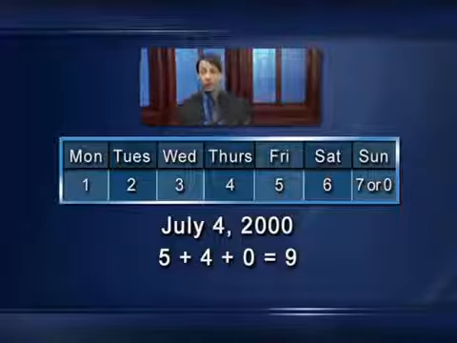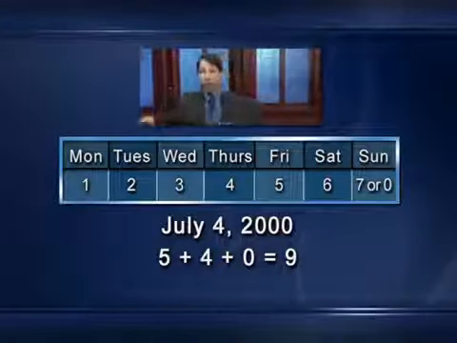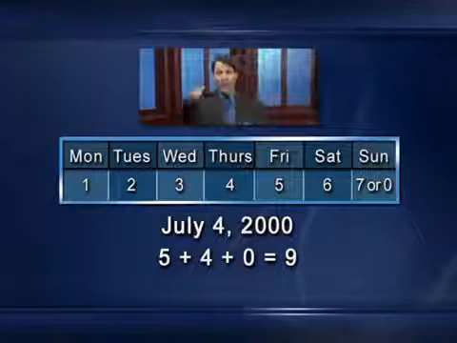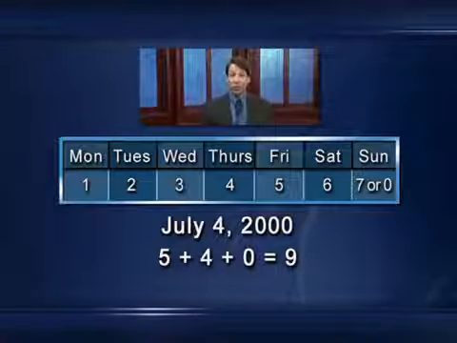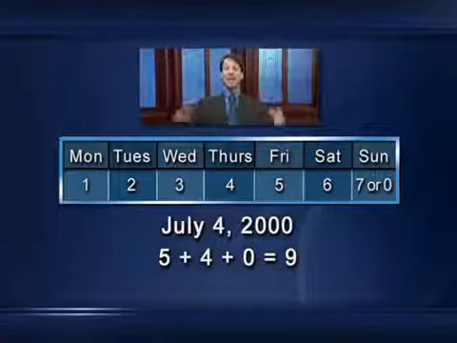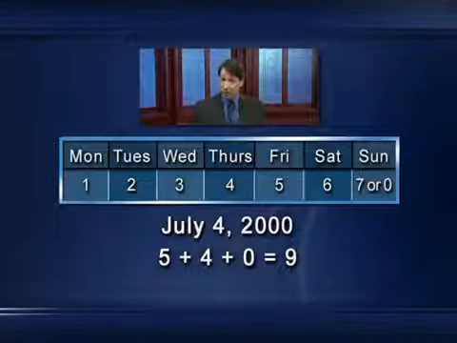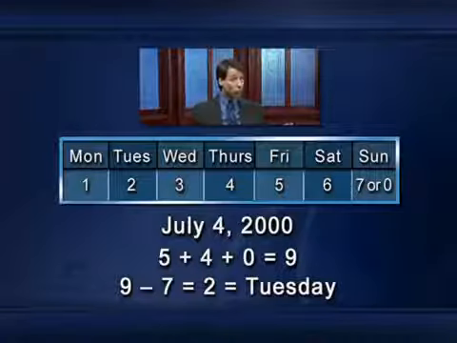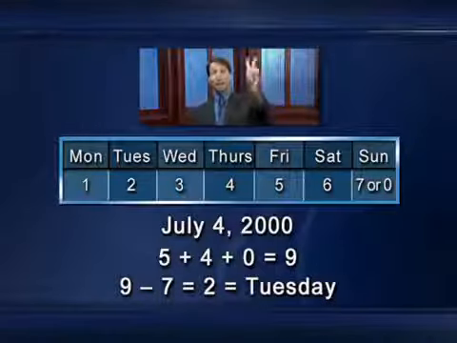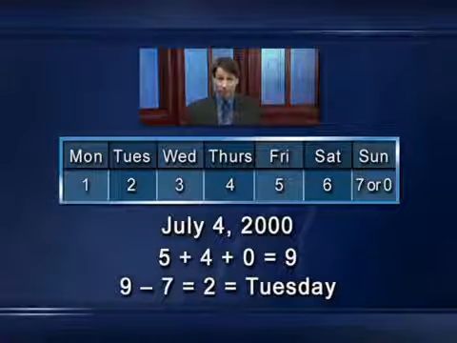Now, you could count 1, 2, 3, 4, 5, 6, 7, then go around the corner for 8, 9, ending on Tuesday, but you don't have to do that because every 7 days, the week repeats. So you could subtract 7 from 9 to get 2 and land squarely on Tuesday that way.